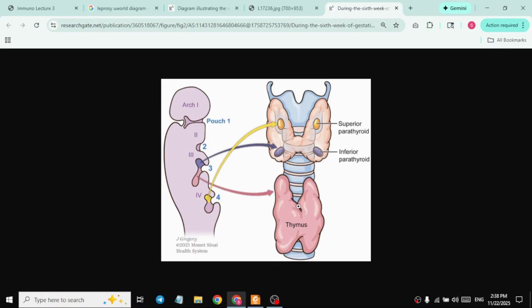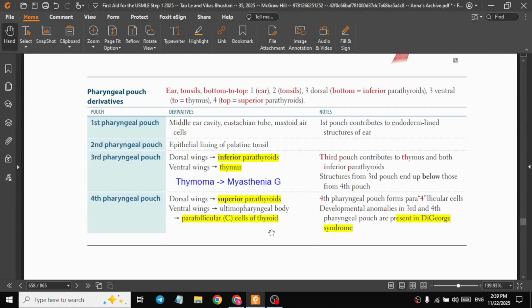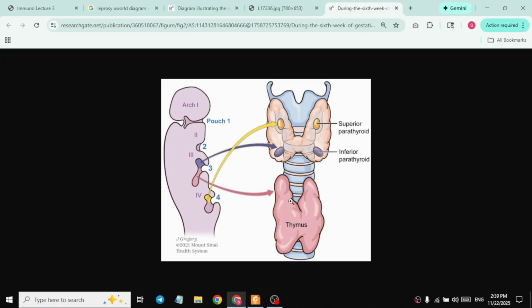The interesting thing we have to remember is that even though embryologically pharyngeal pouch 3 is initially on the top, this gives rise to the inferior parathyroid glands, as you see in this diagram here, right? Now, where are these inferior parathyroid glands made from? The dorsal wings, which means posteriorly located wings, right? Versus the ventral wings, which actually give rise to the thymus.